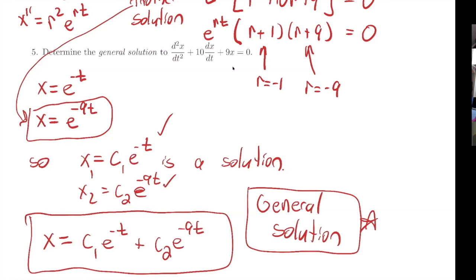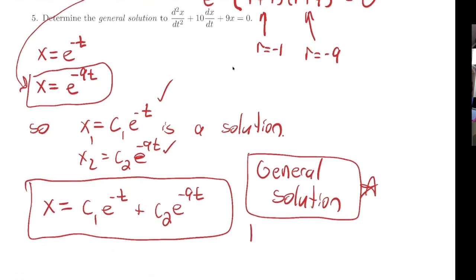So notice here that our general solution has two constants. Okay, and that's because we have a second order differential equation now. So the number of constants that you have in your solution should be the same as the order of the differential equation.